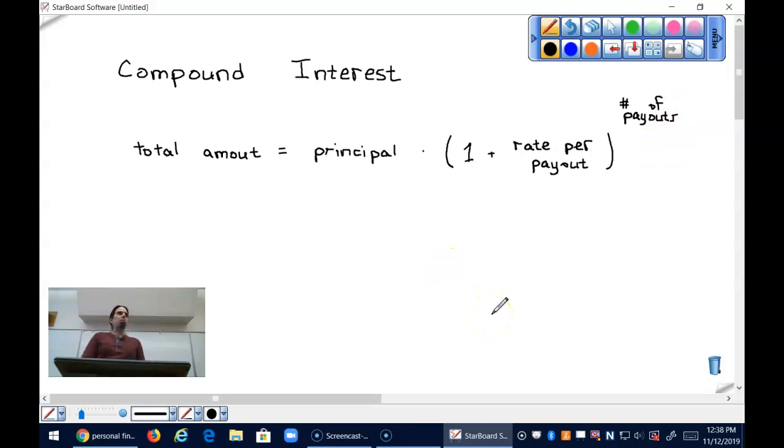Just like with simple interest, once you have things plugged in, the calculator does all the work. The hard part is the setup. So we're always going to talk about the same things. What is the total amount? And principal.